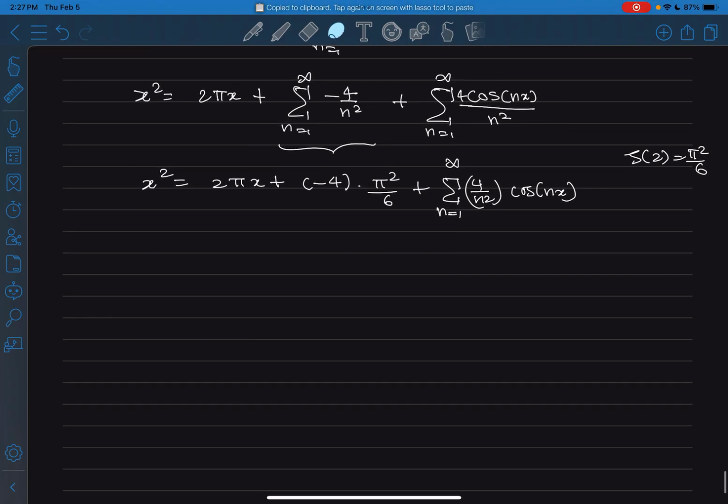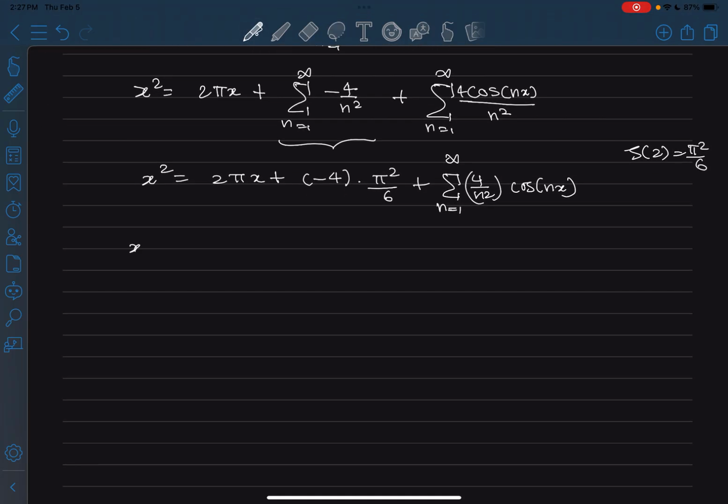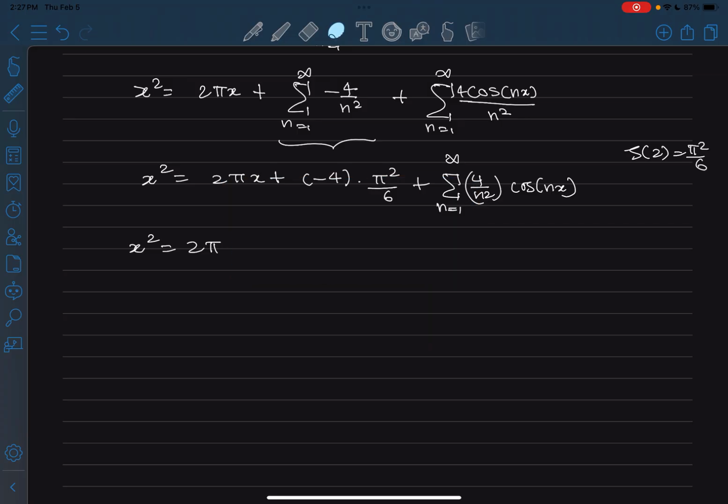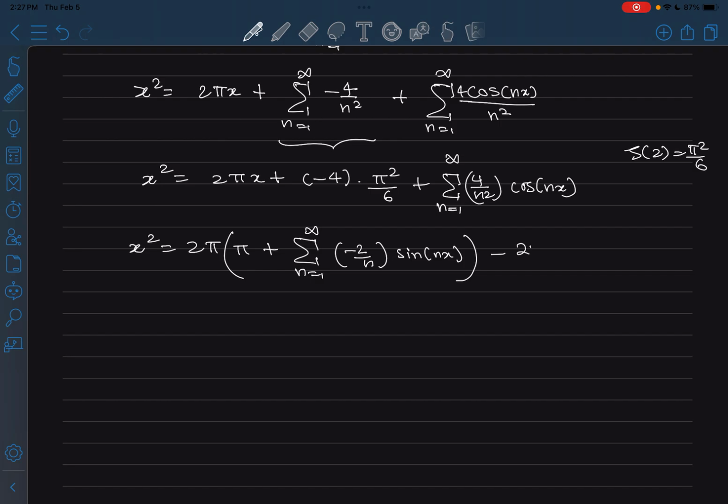Copy. So it will be x square is equal to 2 pi and then paste. And then after that, this is minus 2 pi square over 3 plus sum from n equals 1 to infinity of 4 over n square cosine of nx, right?